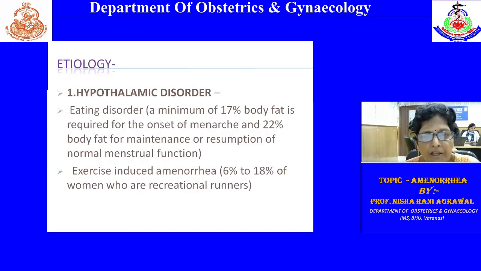Therefore, if there is bulimia nervosa or other defects of eating, then there can be amenorrhea. Exercise-induced amenorrhea: 6 to 18% of women who are recreational runners may have amenorrhea. So exercise-induced amenorrhea is also there.